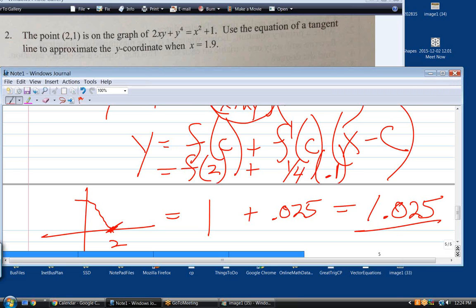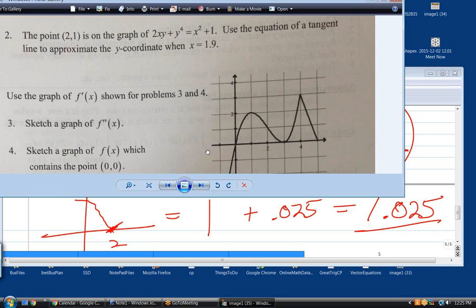Okay. I think I did that right. I would need to spend a few more minutes reviewing it to make sure I got this part right. But this looks right to me. To calculate f prime of c, if you've implicitly differentiated, you have to use both points, the x and the y point.